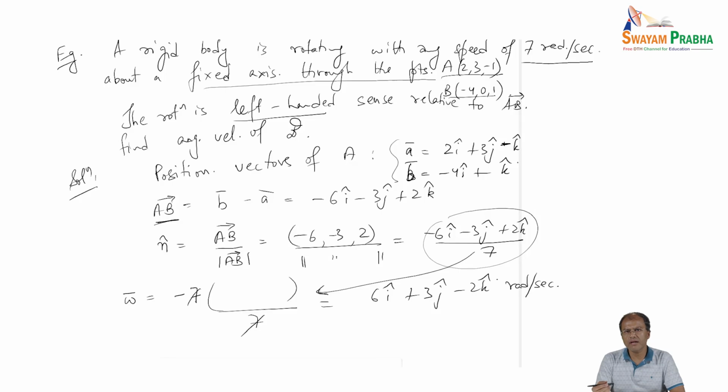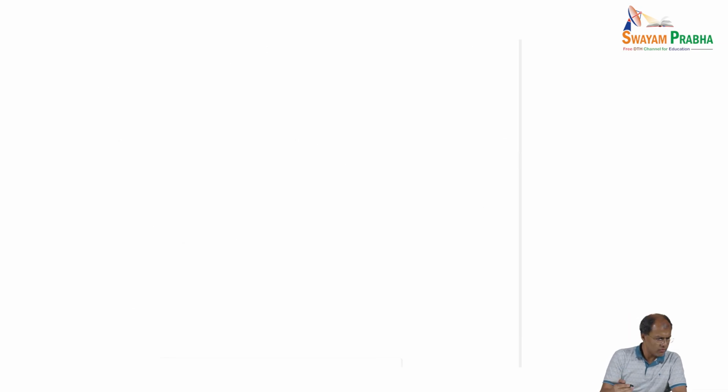Suppose the origin of the reference frame is fixed on one of the particles on the body, then our formula for the angular velocity changes slightly. So we need to rewrite it with respect to our new origin. Suppose our rigid body has an origin O, and we have a fixed particle B with position vector b.